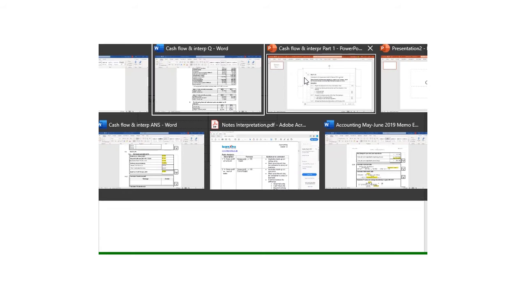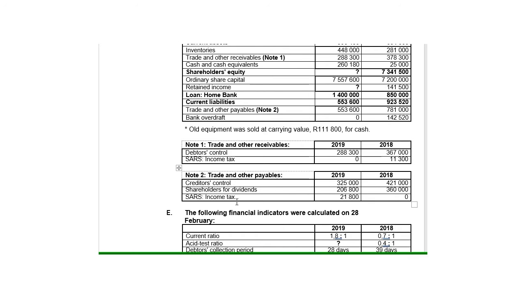And while I'm at the balances, I can put the balance at the end in as well, because I'll need that as well. And now it ended up on a payable, in other words, a liability, which is a credit balance of 21,800.